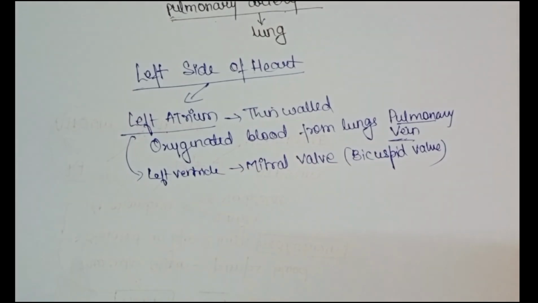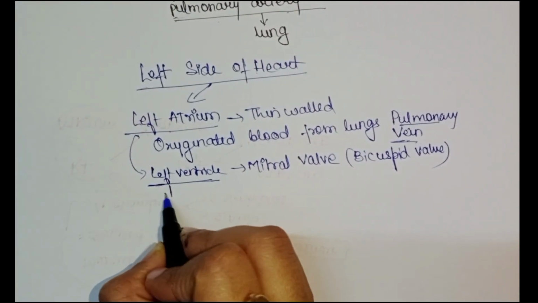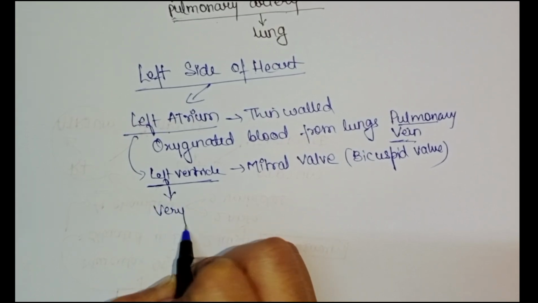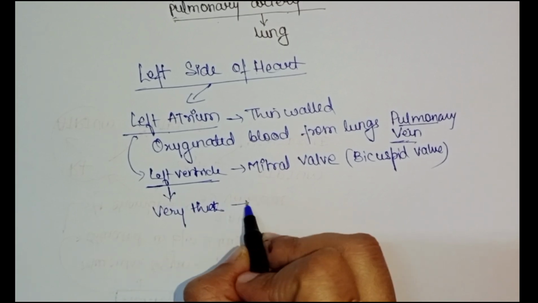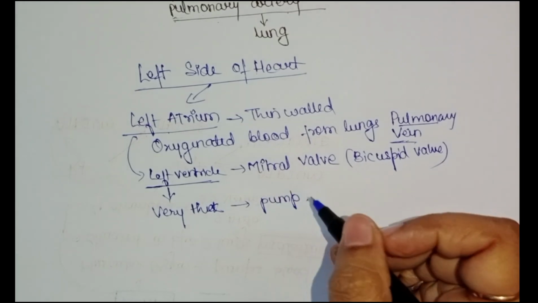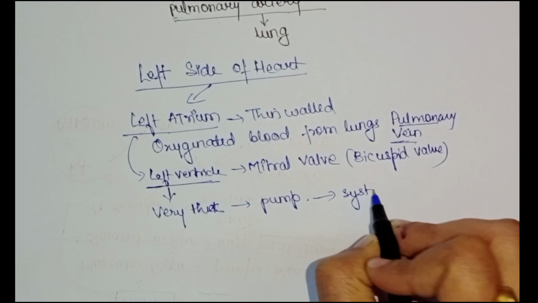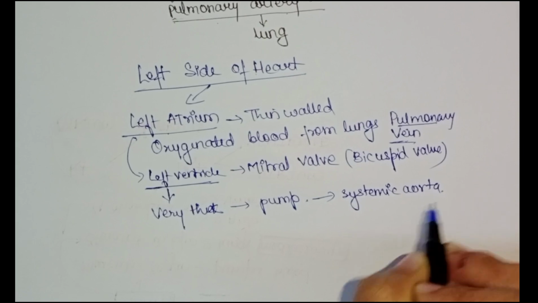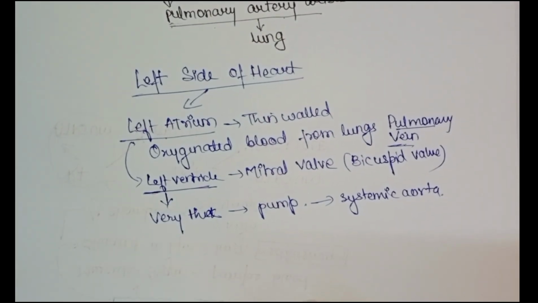The wall of the left ventricle is very thick, and the left ventricle pumps the arterial blood to the different parts of the body through the systemic aorta. So we have seen the description of the 4 different chambers of the heart.